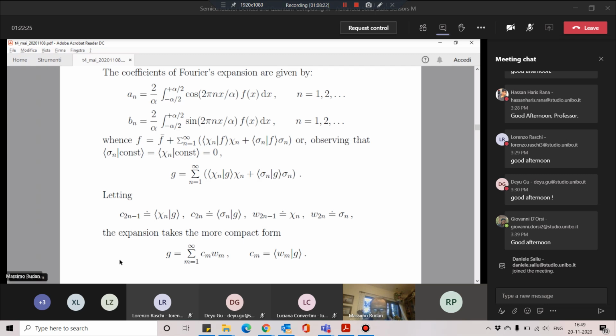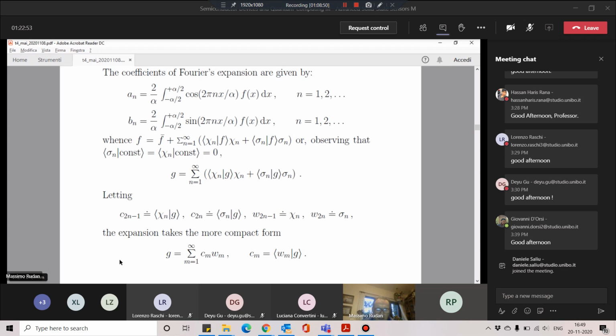Now, you see a very strict similarity of this expression with the expression of a vector using the components. You may think that Wm is one of the components of vector G, and Cm is the coefficient of the component.